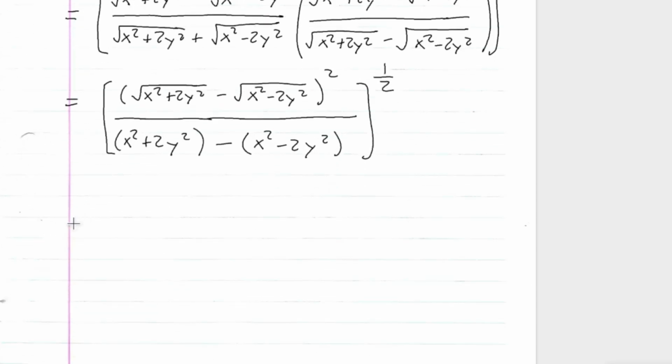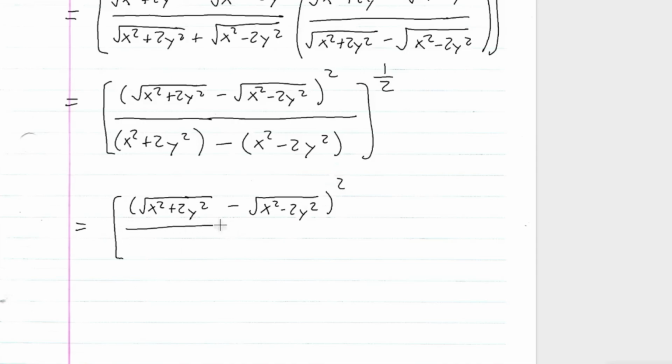And now we have the square root of x squared plus 2y squared minus the square root of x squared minus 2y squared, squared, over, and then x squared minus x squared is 0, and 2y squared minus negative 2y squared will turn into 2y squared plus 2y squared, which is 4y squared.